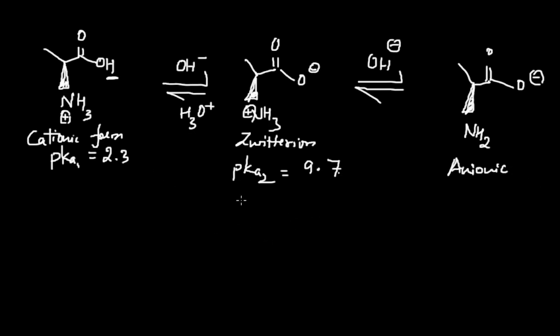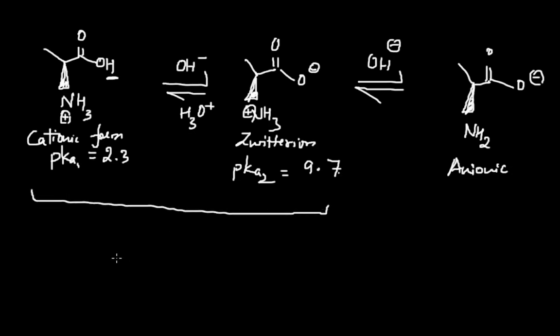How the transition happens: at a lower pH, and when you increase the base concentration, it will become anionic form. So this again depends on your Henderson-Hasselbalch equation. That is why it was introduced before. The isoelectric point of an amino acid is the average of these two pKa's.